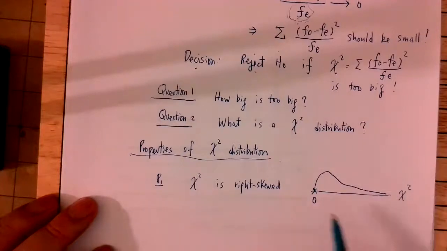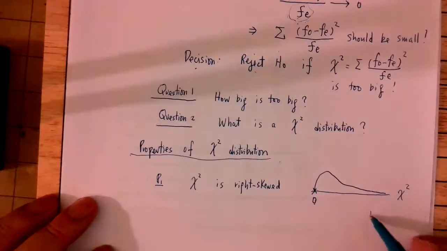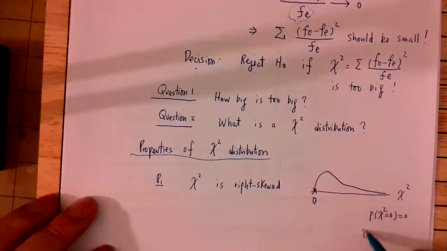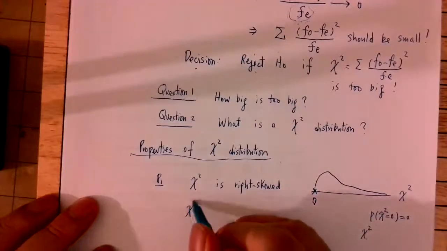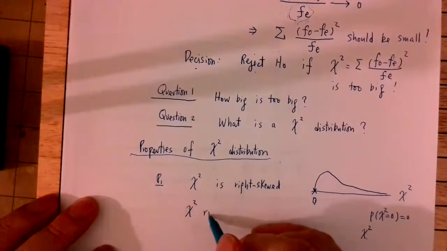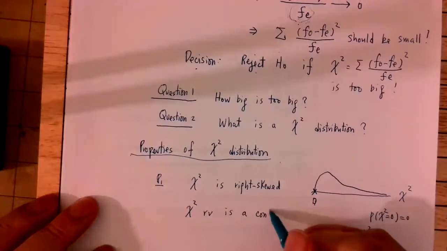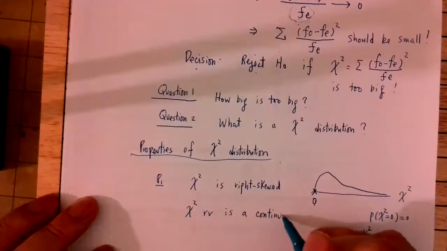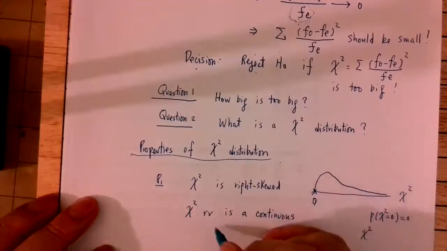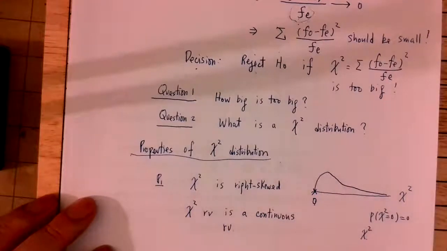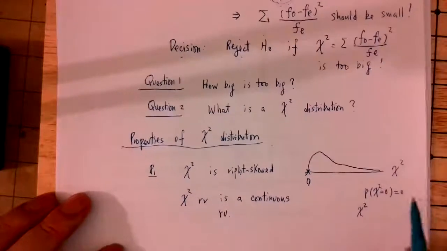Since this is continuous, the probability that chi-square equals 0 is 0, because the chi-square random variable is a continuous random variable.